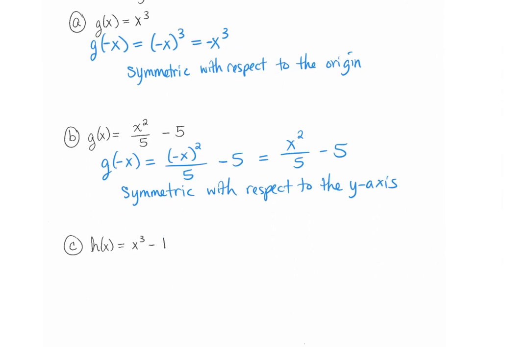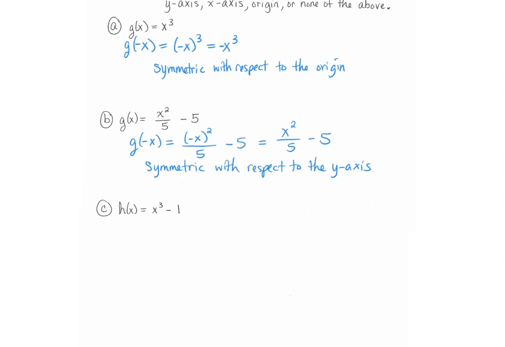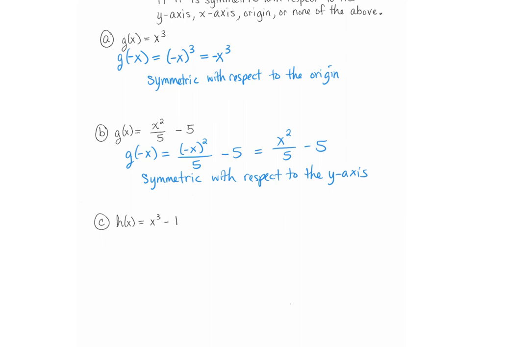And part C, what do we know about part C? Is it symmetric with respect to the y-axis, x-axis, origin, or none of the above? None of the above. Good.